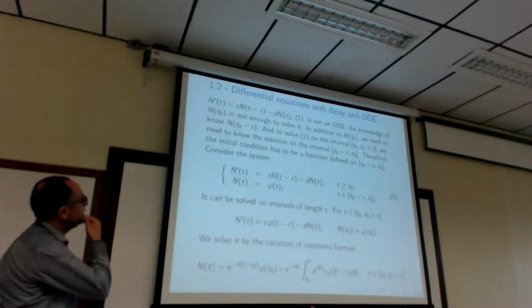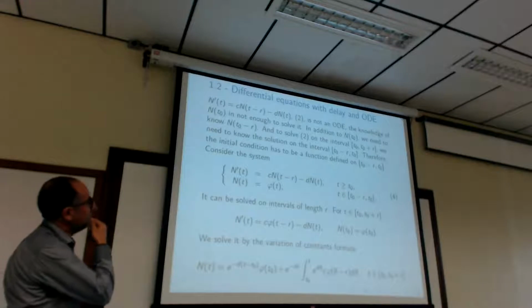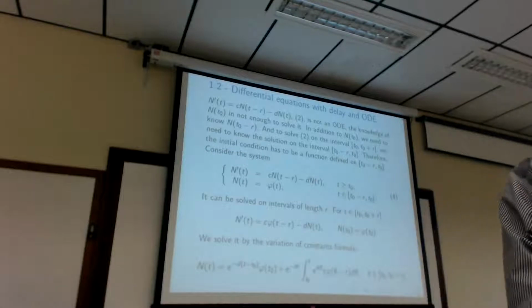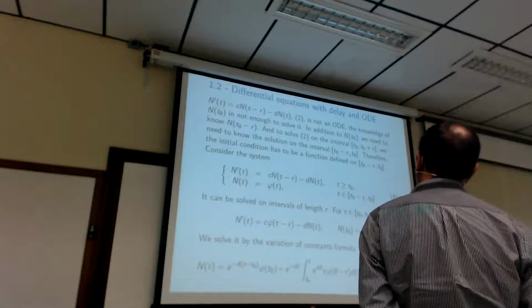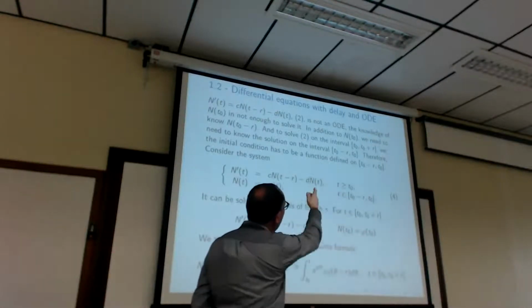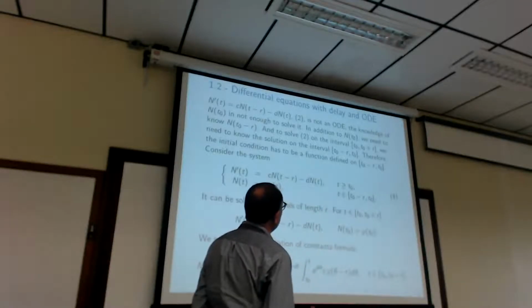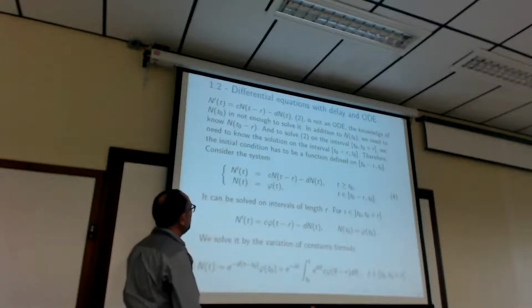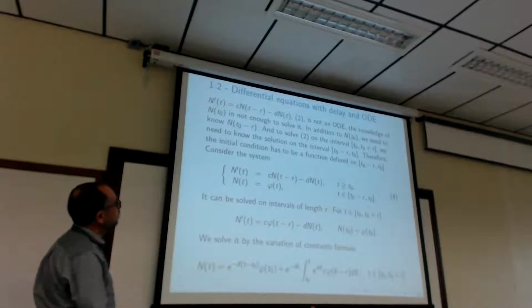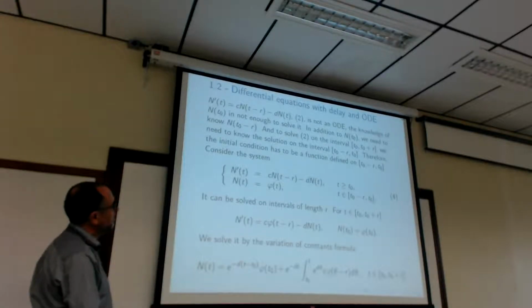I will take this again, and of course I showed you that the problem is not well posed if we take an initial condition on one point. It is not enough to solve it. I will start here from t0. To solve the system, in addition to n of t0, we need to know n of t0 minus r to solve the system on the interval t0, t0 plus r.